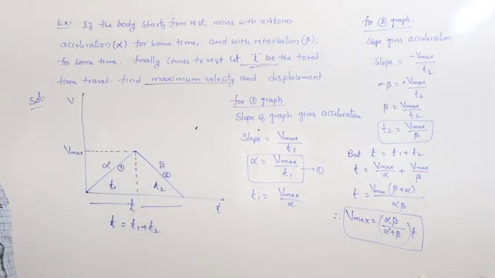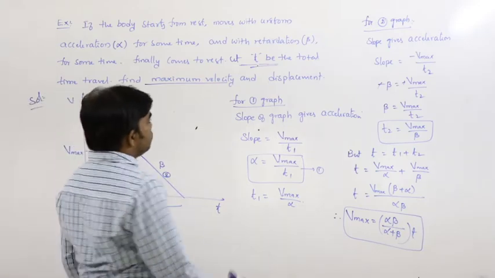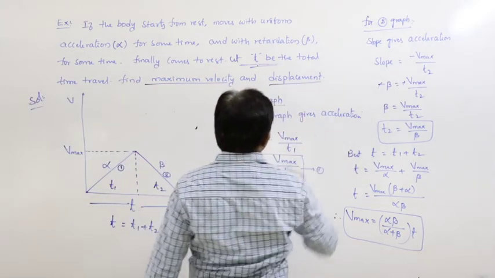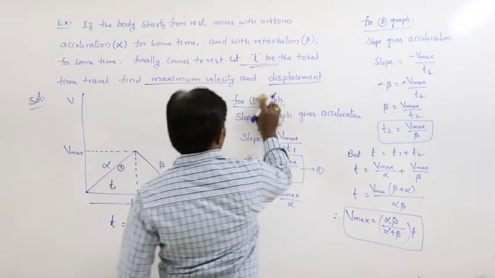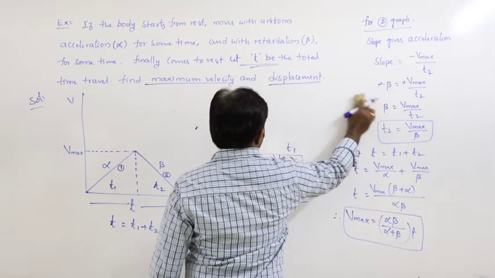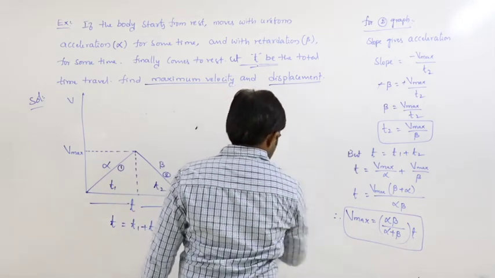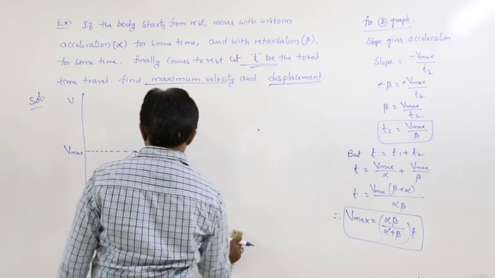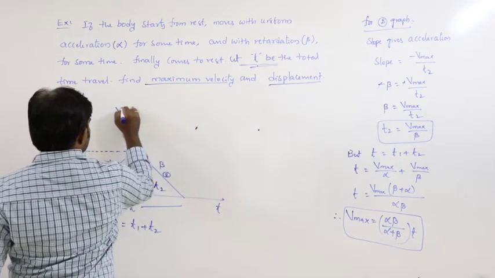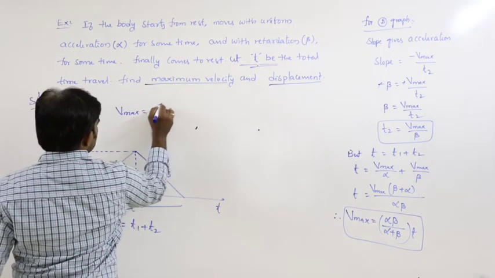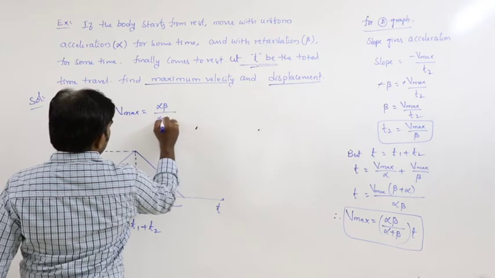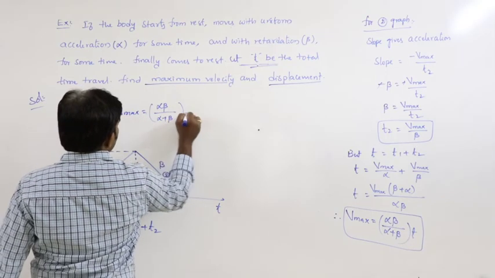We calculated the maximum velocity. Next, what do we have to calculate? Displacement. See here, we got v maximum equal to alpha beta by alpha plus beta into t.